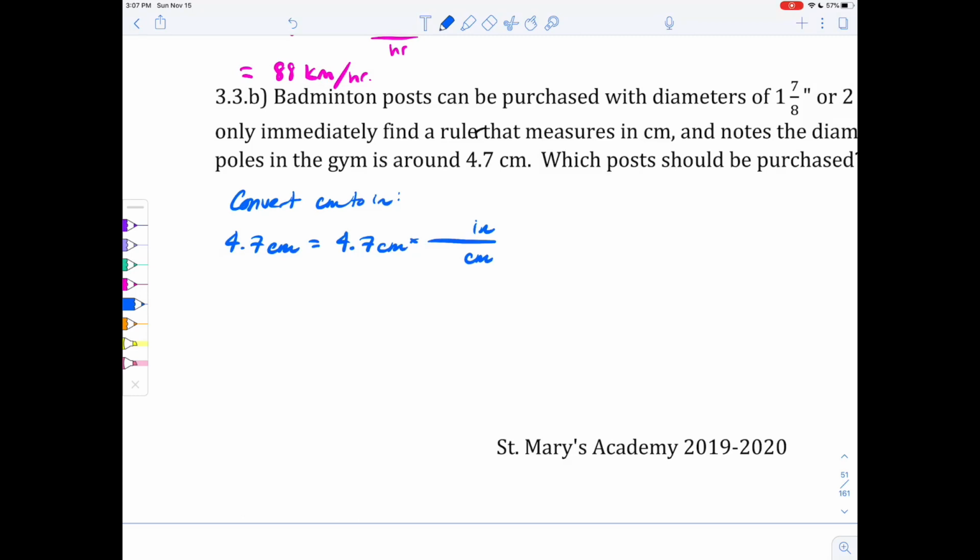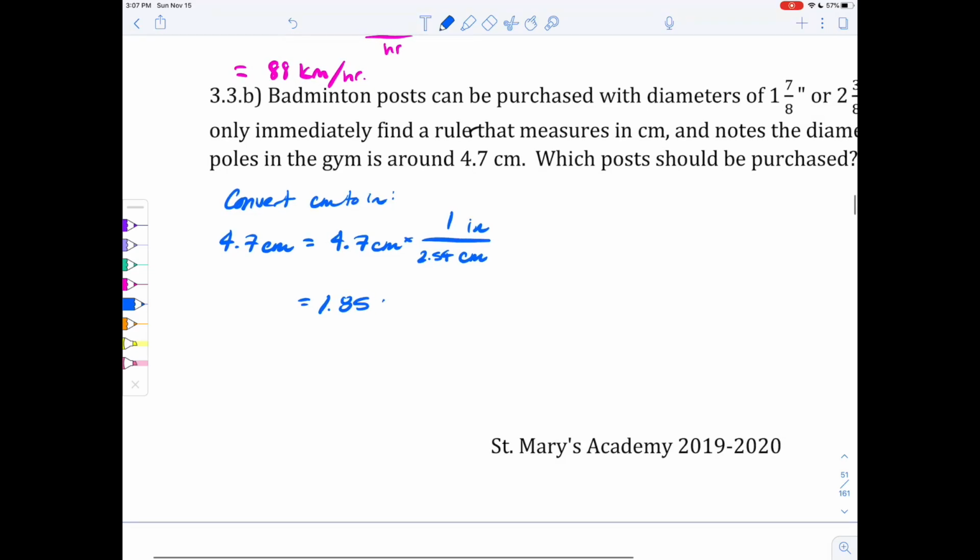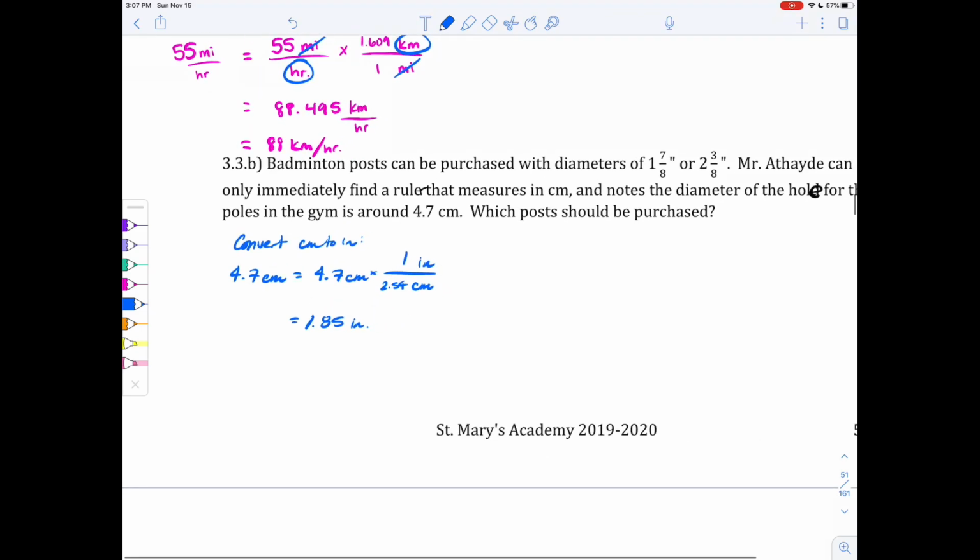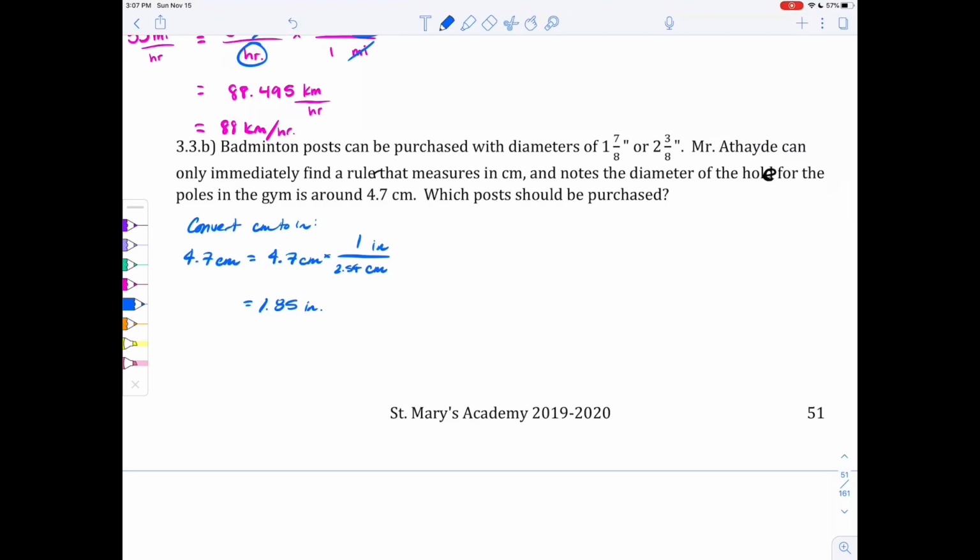And according to the formula sheet and also my brain, 1 inch is 2.54 centimeters. That means that 4.7 centimeters is about 1.85 inches. That was pretty close. So then which posts do I actually get? We could probably reasonably say it must be these 1 7/8 ones, because we're obviously not more than 2 right now, given that our number starts with a 1.